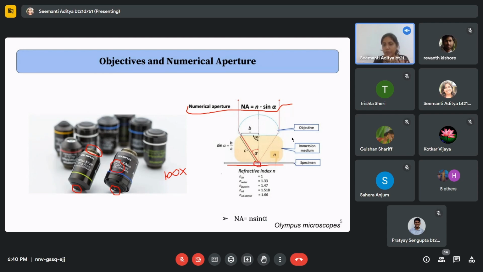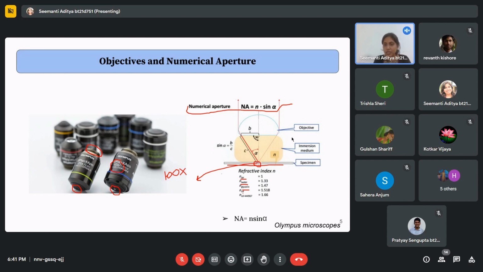This gap is either filled with air, or water, or glycerin or oil, or whatever you want to fill it with, depending upon your requirements. But there is always some gap, and that has to be filled with some component. Generally, for other objectives with lower resolution, we do not use oil or water.